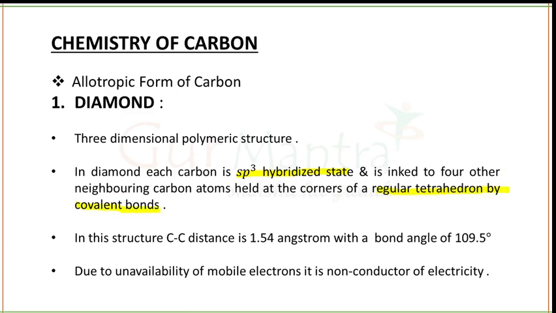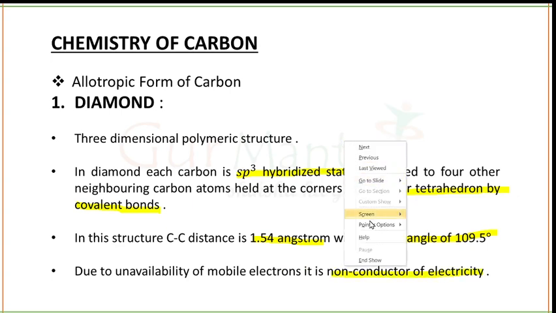In this structure, the carbon-carbon distance is 1.54 angstrom and the bond angle is 109.5 degrees. Due to the absence of free mobile electrons, diamond behaves as a non-conductor of electricity.